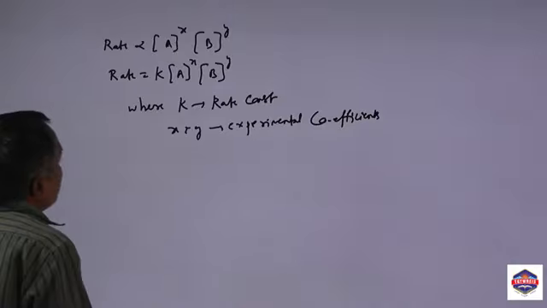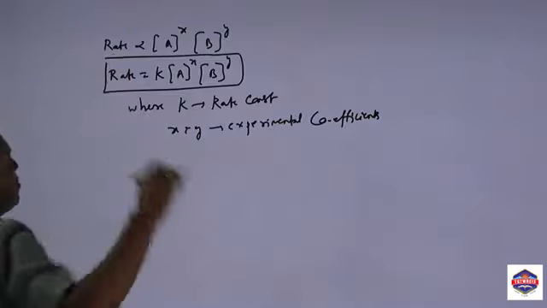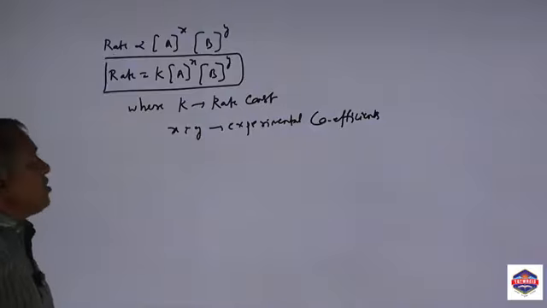So this is rate law. So rate law is expressed in this way: rate is equal to k into [A]^x into [B]^y.